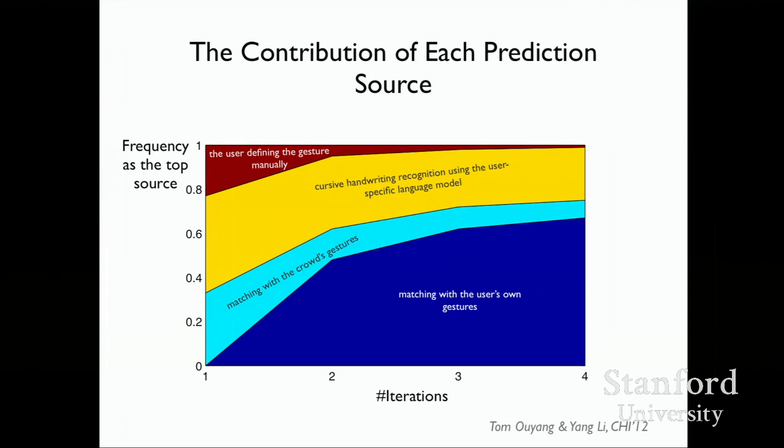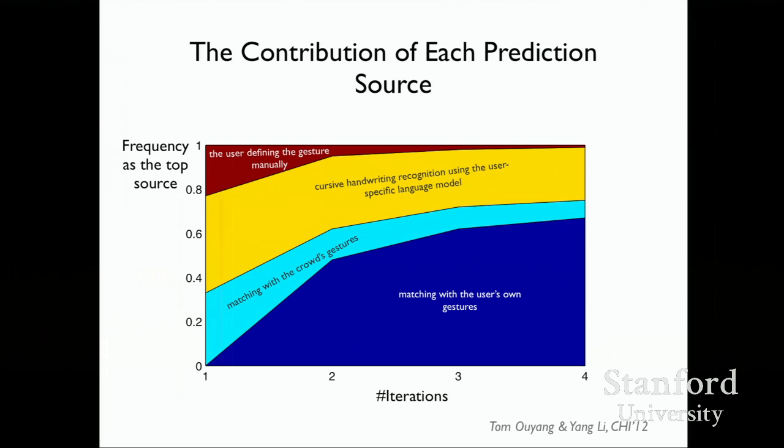So this diagram here shows the amount of contribution each prediction source had. As we can see here, initially matching the unknown gesture with the crowd gestures and the cursive handwriting recognition played a very important role. As the system sees more and more gestures from the specific user, matching with the user's own gestures gradually became the most important prediction source.